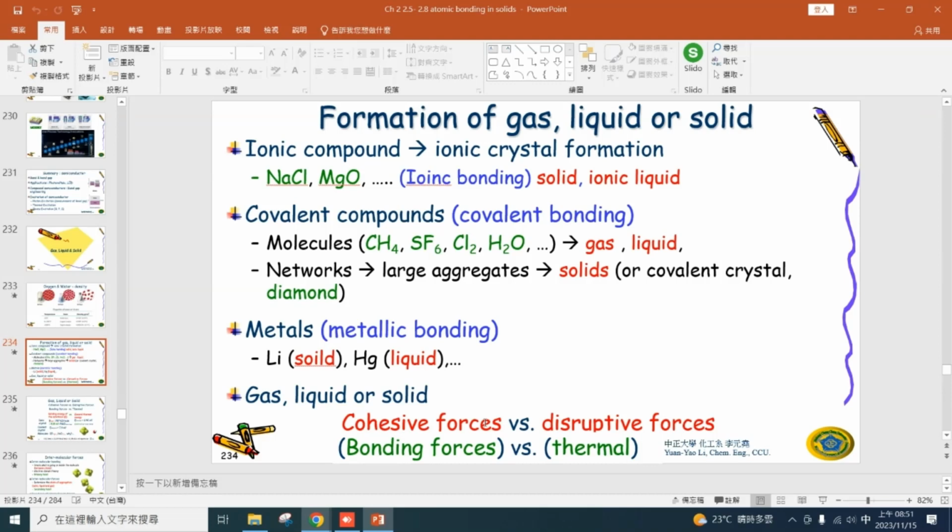If your bonding energy is high and the thermal energy is low, that means it's easy to form a solid. If the thermal energy is much higher than the bonding energy, then the material will be in the gas state, right? So we are always talking about bonding energy versus thermal energy.